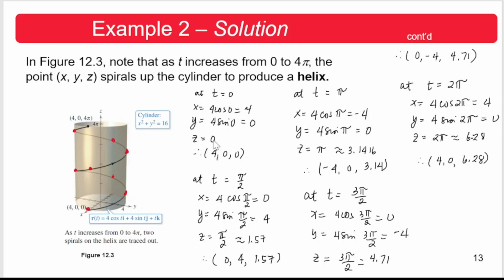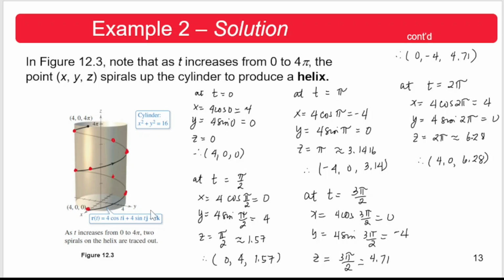So the first point obtained is the point with coordinates 4, 0, 0. So from the center, you scale 4 units along the positive x-axis, then 0 for y, 0 for z. So this point is the point 4, 0, 0 on curve C.